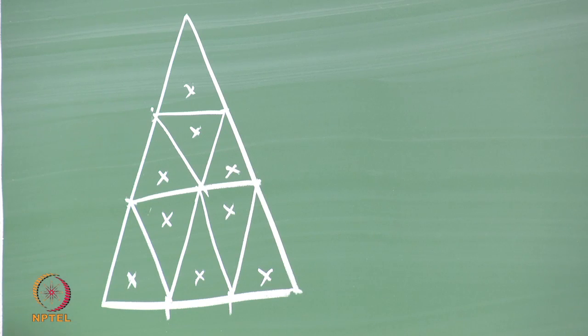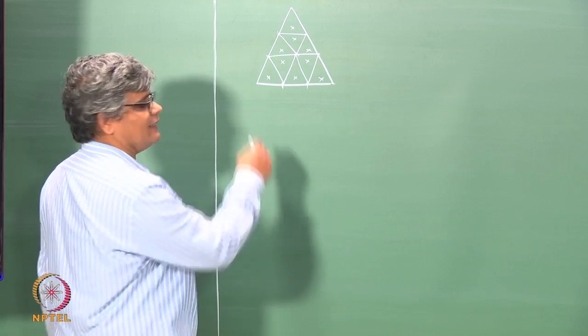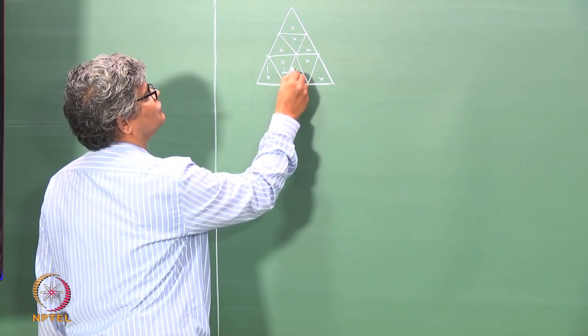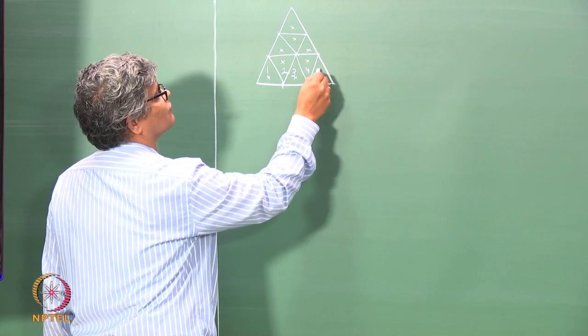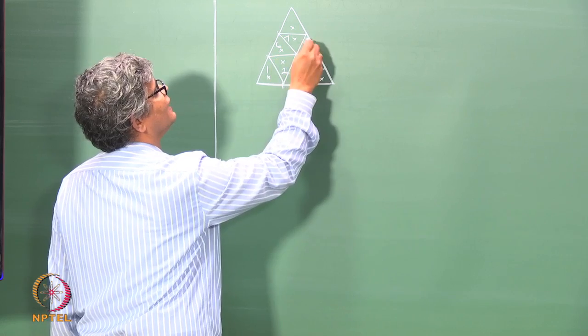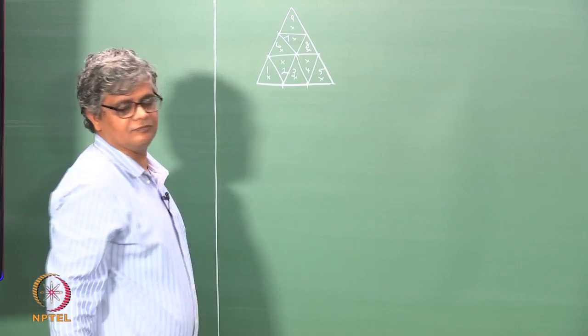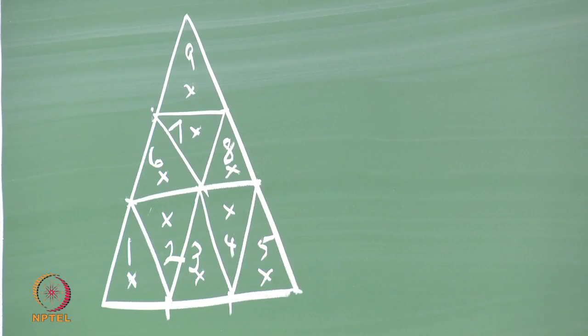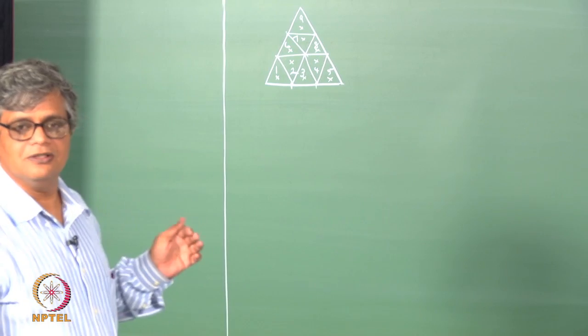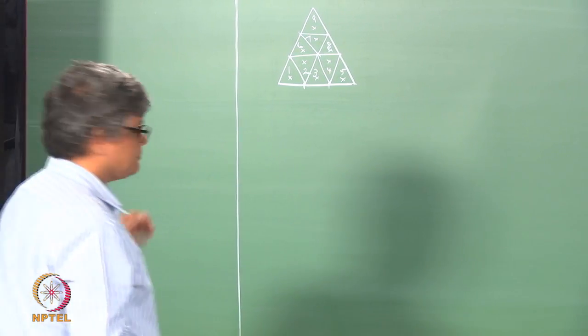We can also, for our sake, number these cells as cell number 1, 2, 3, 4, 5, 6, 7, 8, 9. We are doing this approximately. When we do a tutorial on this, we can do it with much more clarity.